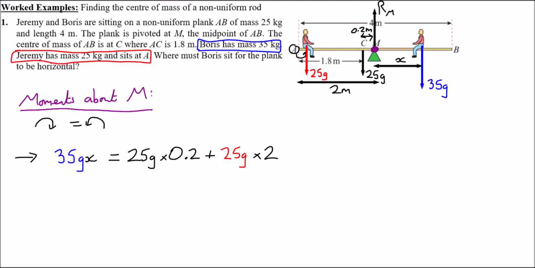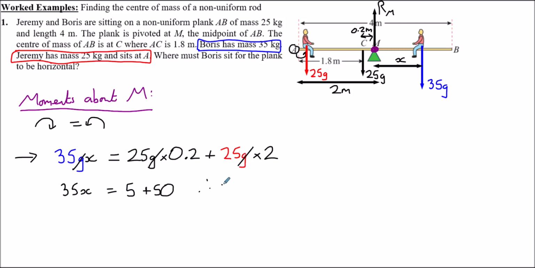We can now go forward and simplify this. If we notice here, all these terms have a g in them, so we can cancel off a g straight away. So we have 35x equals 25 multiplied by 0.2. Well, that's going to be 5. And then 25 multiplied by 2 is going to be 50, which makes 55 in total.